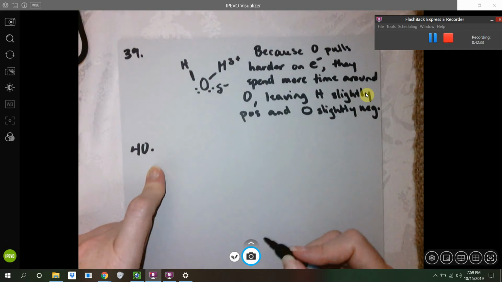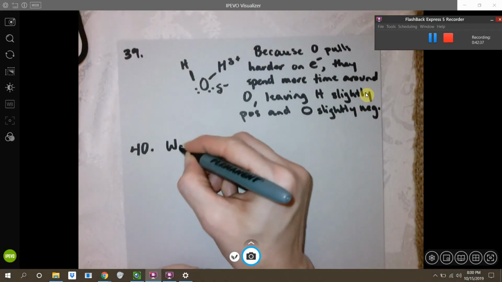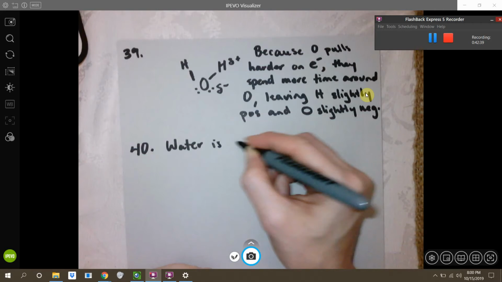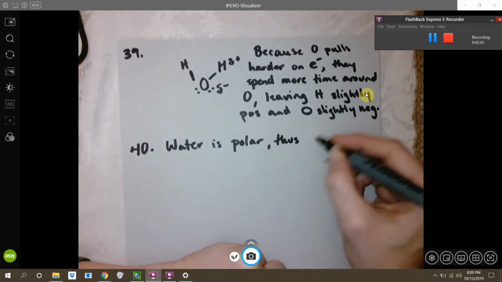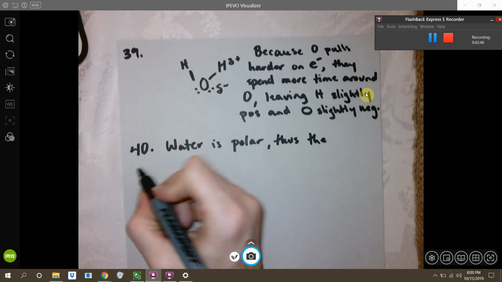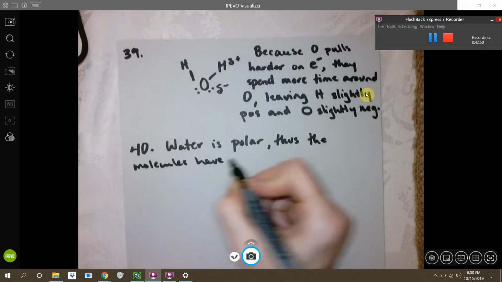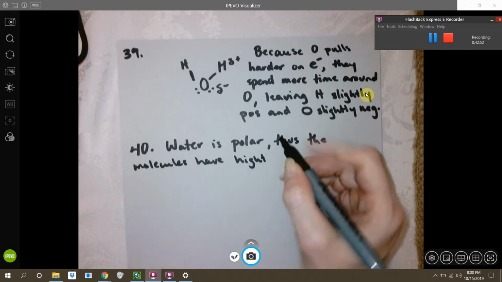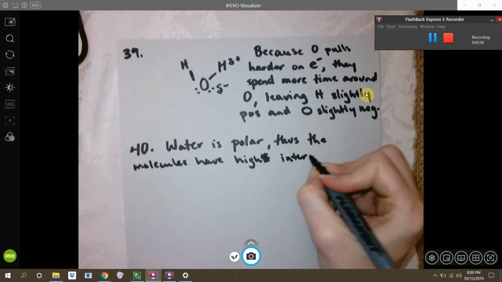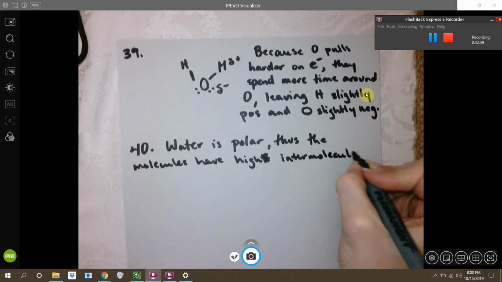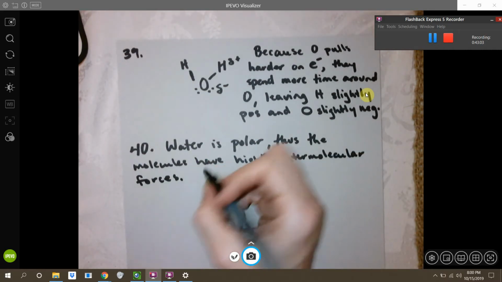40. Why do water droplets on a window pane stick together? Water is polar. Thus, the molecules have high intermolecular forces.